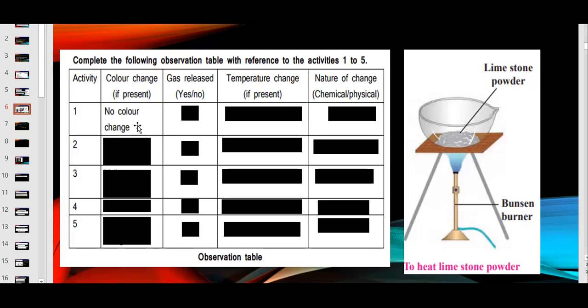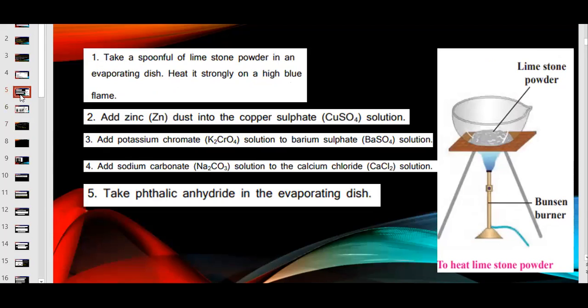Gas is released. Just now we said carbon dioxide gas is released in the reaction. Temperature change, if present, there is nothing there. Nature of change, chemical or physical: it is a chemical change, always.